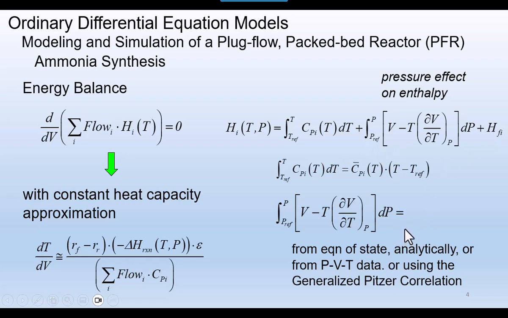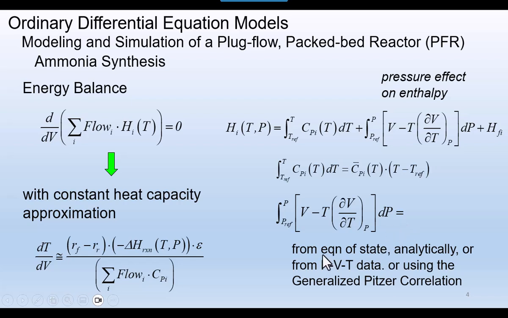So separating these two, we can take this term, and often we describe it in terms of a mean heat capacity, all right, times the temperature difference, all right? And the mean heat capacity is an integral of the heat capacity over the temperature range of interest here. And then the pressure effect on enthalpy can be more of a challenge to deal with.